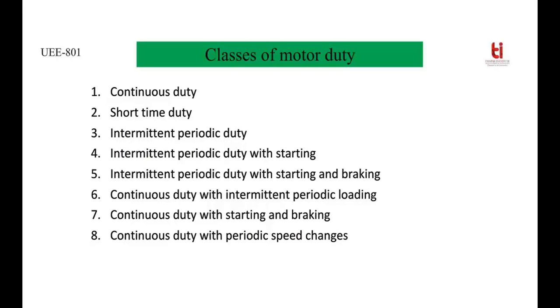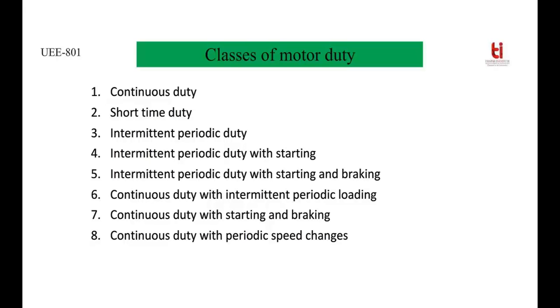Then intermittent periodic duty with starting and breaking. Whatever temperature rise is there during starting conditions, and then the change in temperature during breaking conditions, we have to consider. Based on that, we have to design the motor or select the motor rating. That's why these classes are important. Then continuous duty with intermittent periodic loading.